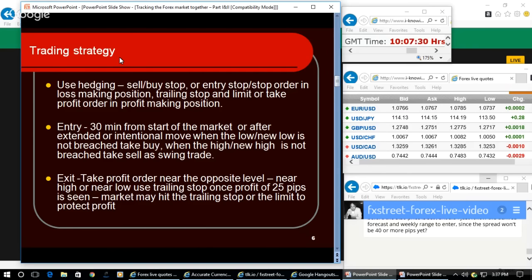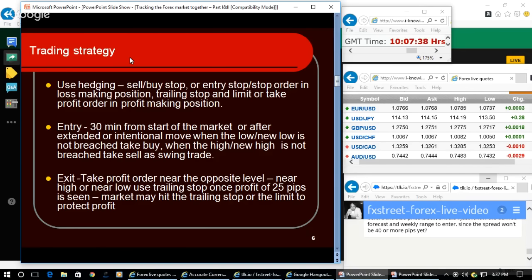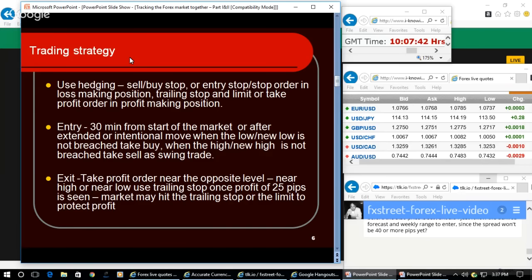So in such a situation, think of using the trading strategy so that you'll be able to accept the loss when it is very, very small or without a loss. And when the profit is good, try to maximize the profit.